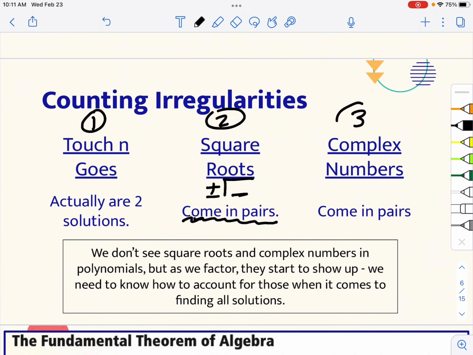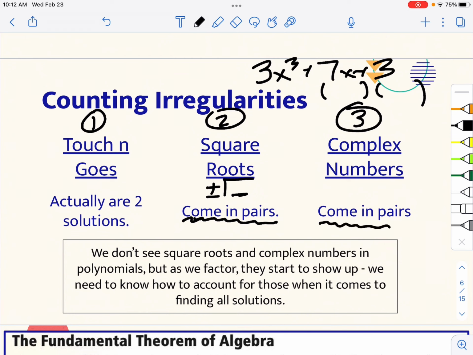The third counting irregularity is complex numbers. Again, when we have a polynomial, we don't see a complex number in the actual polynomial. It's not like this is 3i or anything like that. But as we factor it out, then we would see complex numbers start to show up. This will be really clear in the example that we go through here.